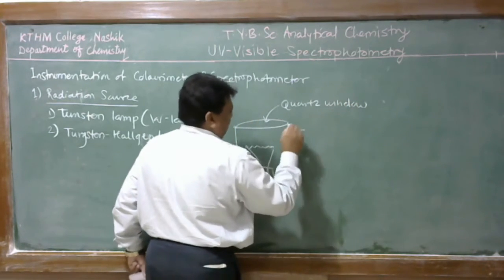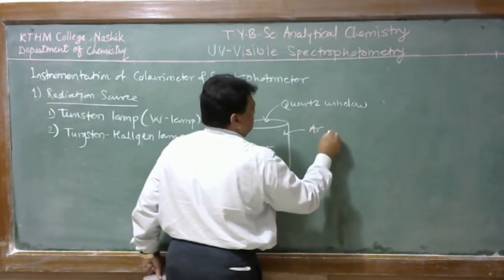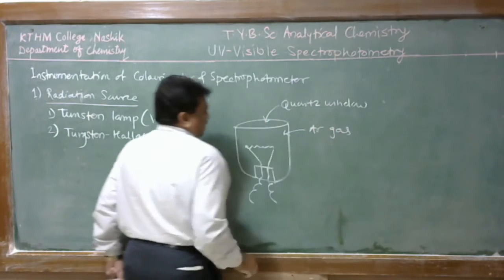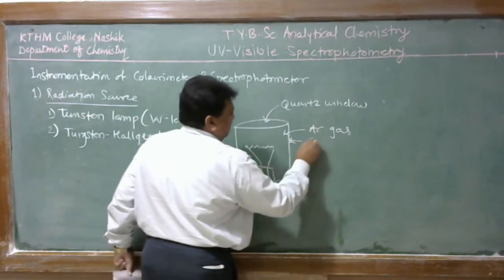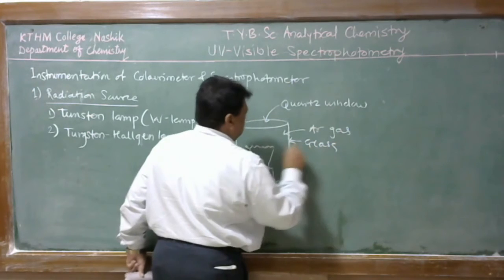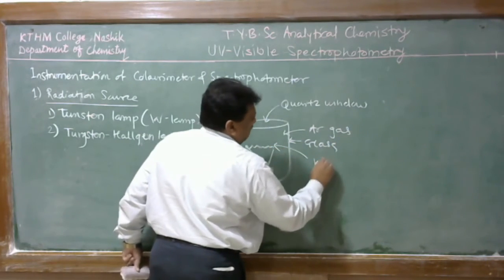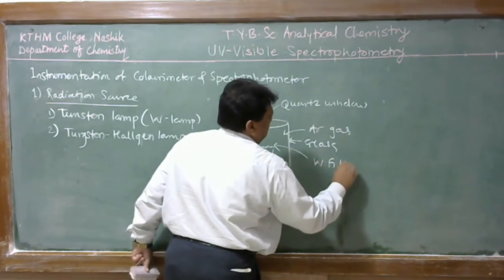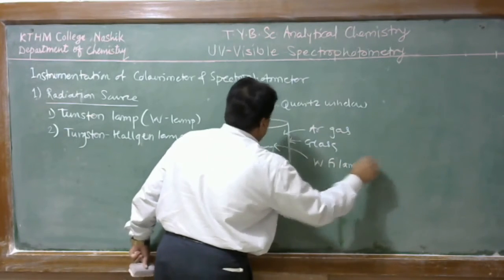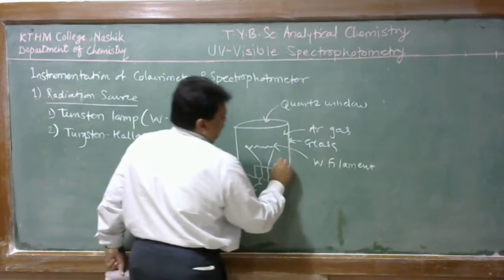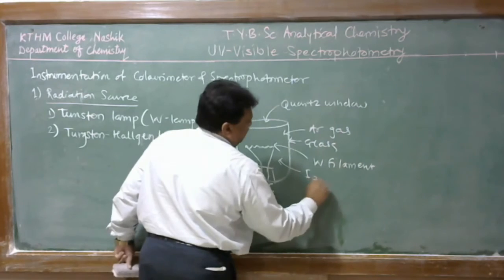Inside the window there is again argon gas. Inside this is a glass. Again this is a tungsten filament, and here a little amount of iodine, I2, is added.